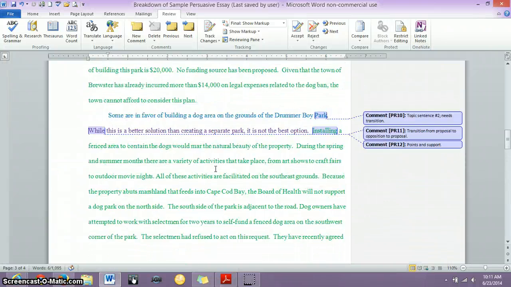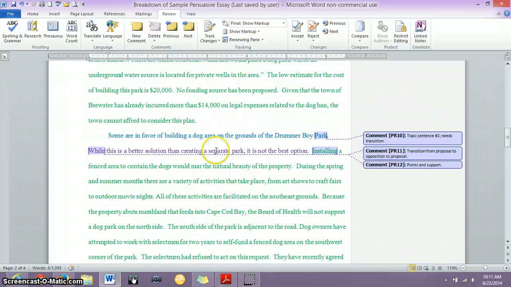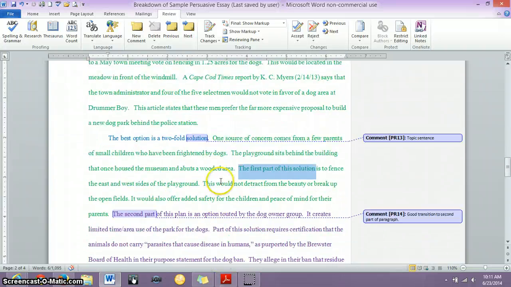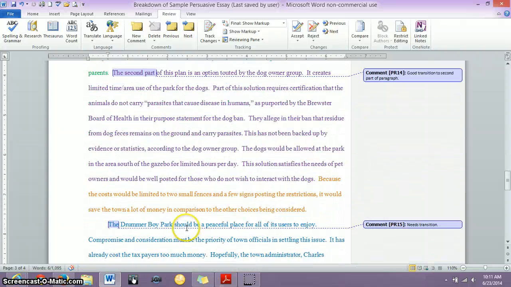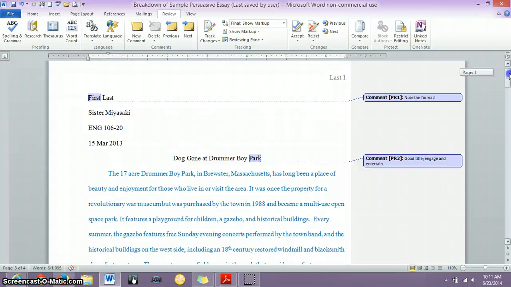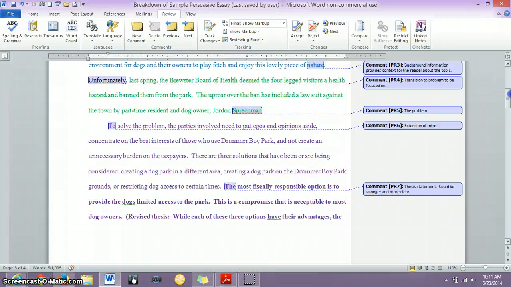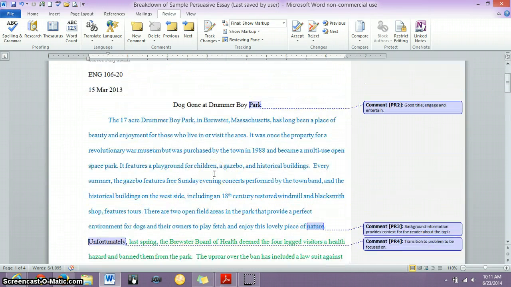So overall, I think that this is a good example, especially when it comes to the body paragraphs, because each body paragraph has a topic sentence and support. Topic sentence, support. Topic sentence, support. Okay, and they're staying focused on their thesis. So overall, this is a good example to follow. So see how you could imitate this in your own persuasive paper so that it too is effective.